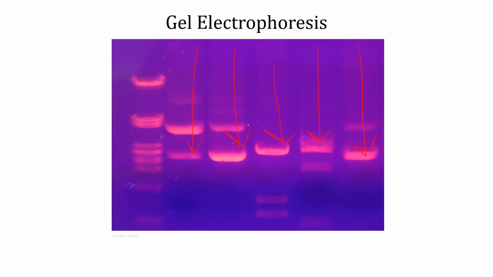And so because we all have different size fragments, there'll be different bands of DNA that show up on a particular gel, and then you can compare the different types of DNA.